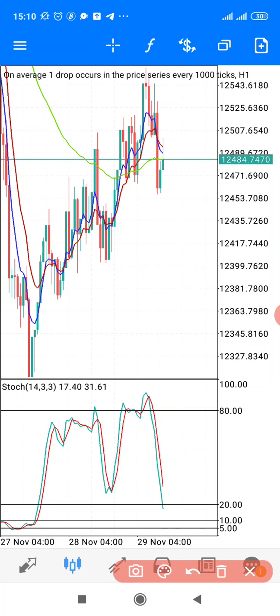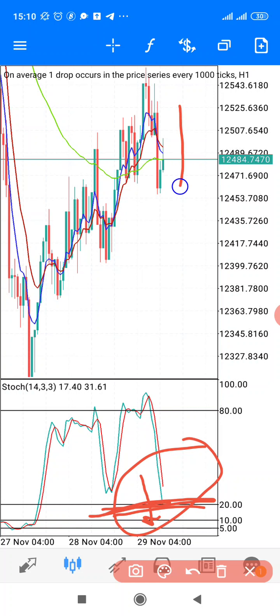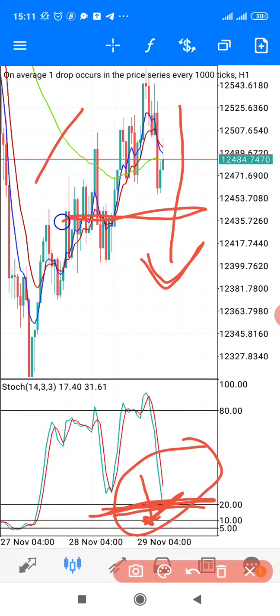Now, there's a secret I said I want to show you in this stochastic. Look at the stochastic now. This blue or green, whichever one you call it, is already at 20. Once it's at 20 and it stops, just note that if you are coming down and it is at 20, either it has gotten to this green line, that's why this one is at 20, or there is a resistance, a support.